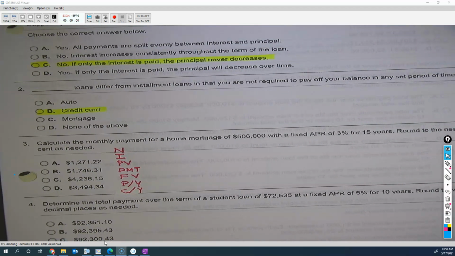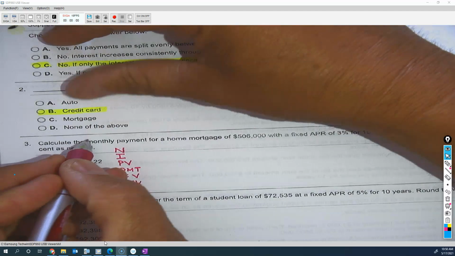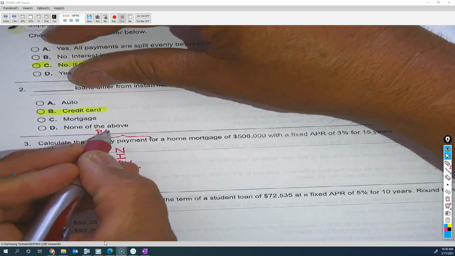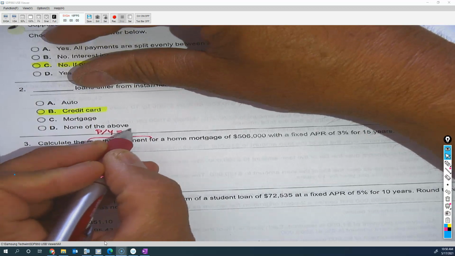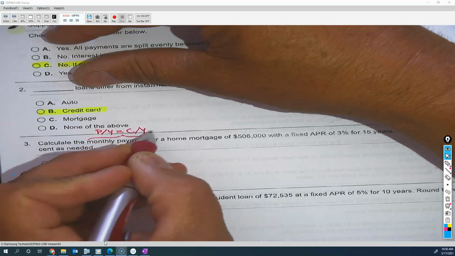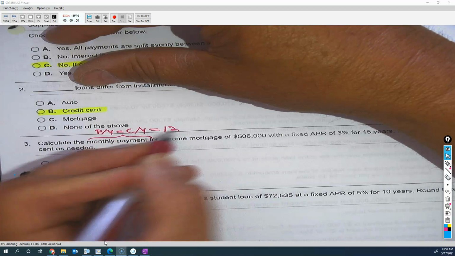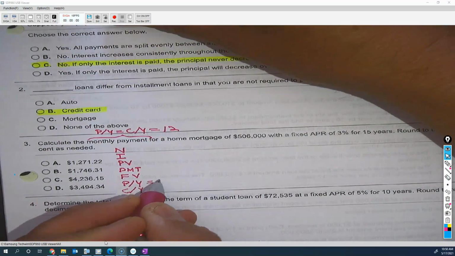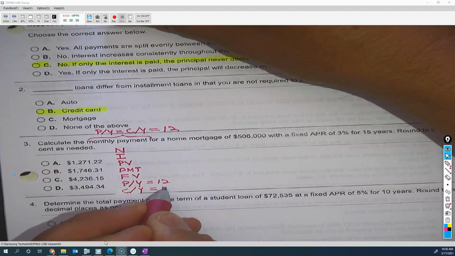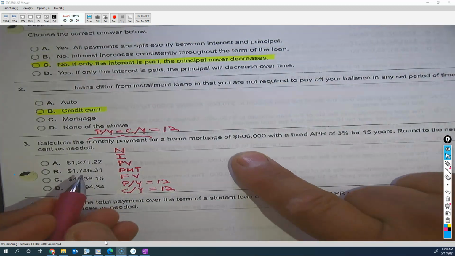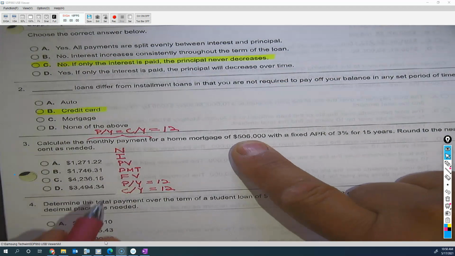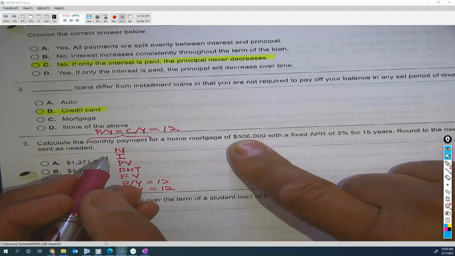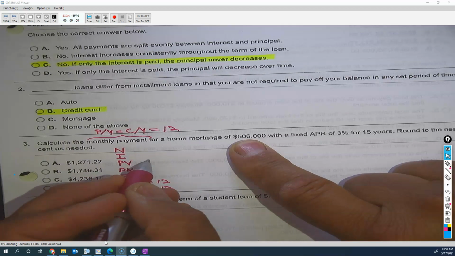All right, so this one you're making a monthly payment. So what this tells you is that PY and CY are both going to be 12. Okay, so I know this is 12 and this is 12. All right. I got a home mortgage of $506,000. Okay, so that is my present value.